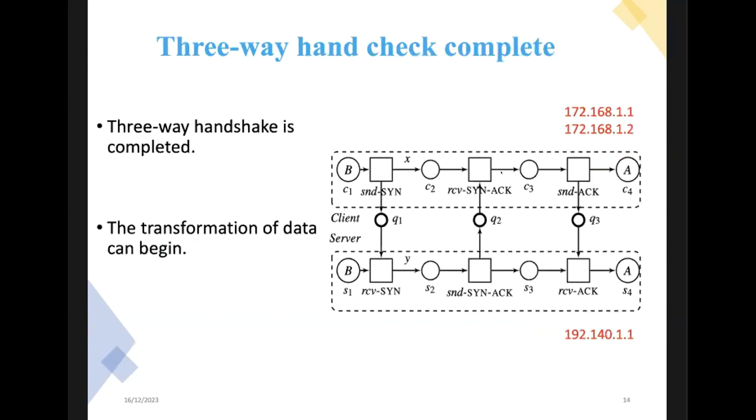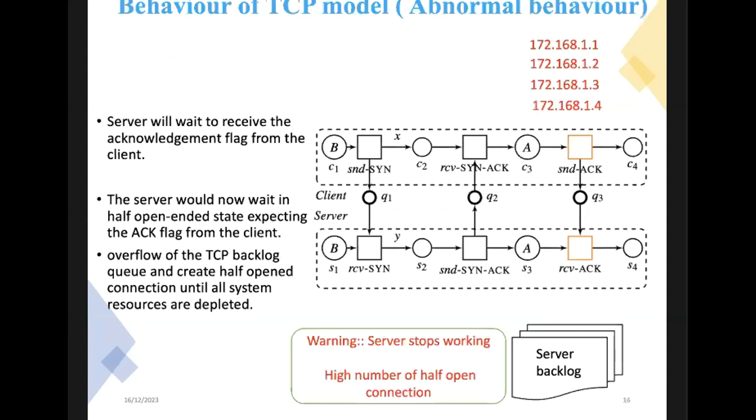So by receiving acknowledgement from the client, the three-way handshake is finished, and the data can transfer between client and server. This is the end of the three-way handshake structurally by using a communication CSAN.